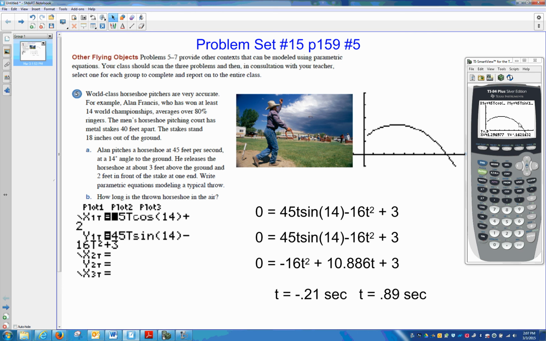We saw from the picture up here, this is about nine tenths. So your answer to the question, how long will the horseshoe be in the air, is 0.89 or 89 hundredths of a second.